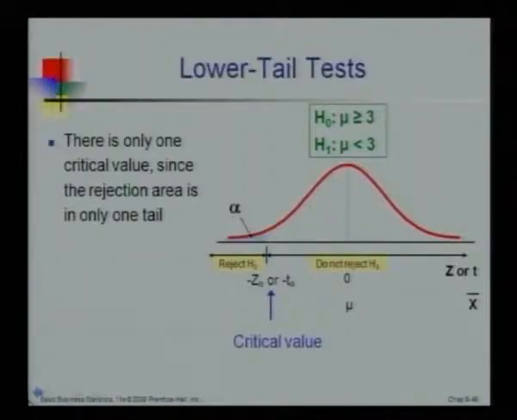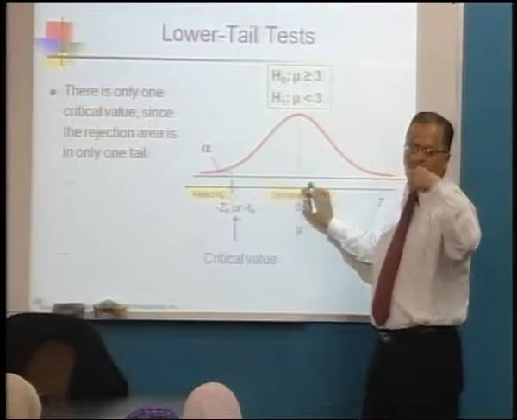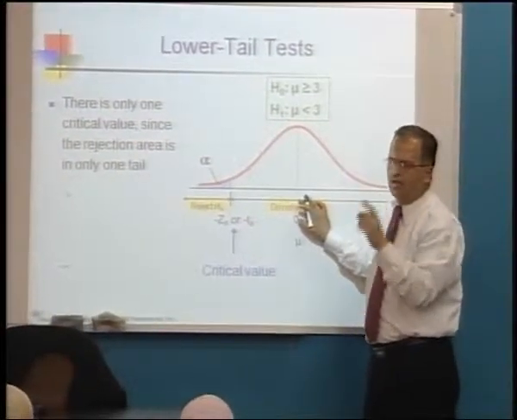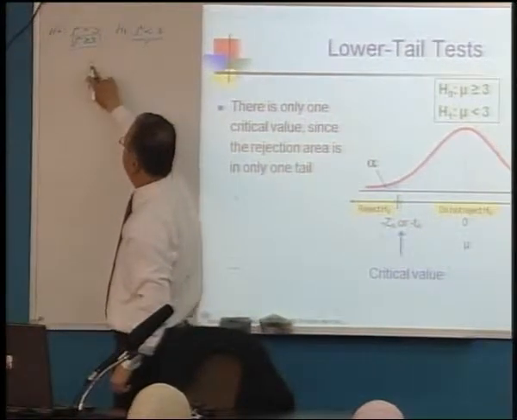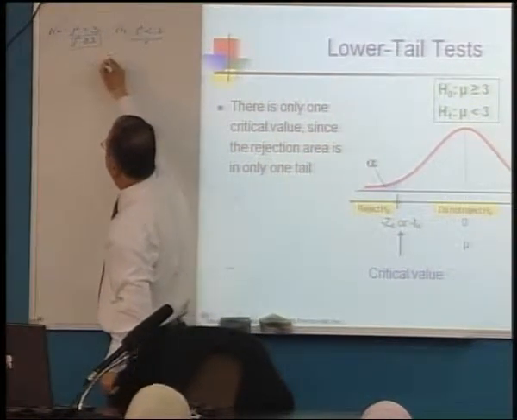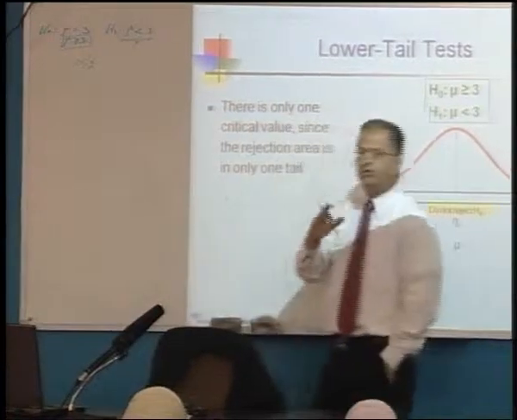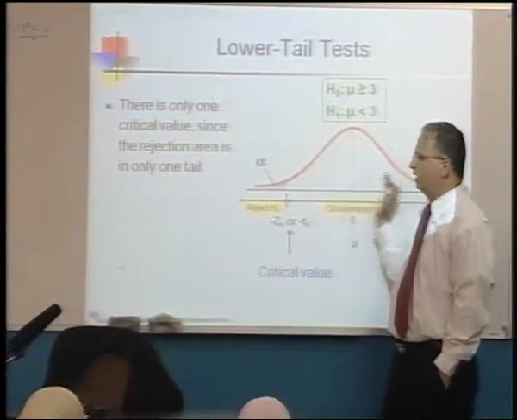Let's see in detail the rejection regions for lower and upper tail tests. For the lower tail test, we are focusing on the left side, so my rejection region should be this one. Now we are testing our hypothesis at level of significance alpha. For a two-tail test, we split alpha by 2 because we have two rejection regions, one to the right and the other to the left.